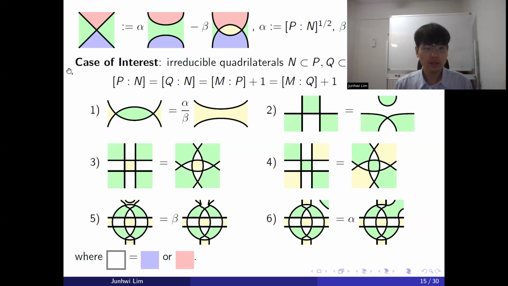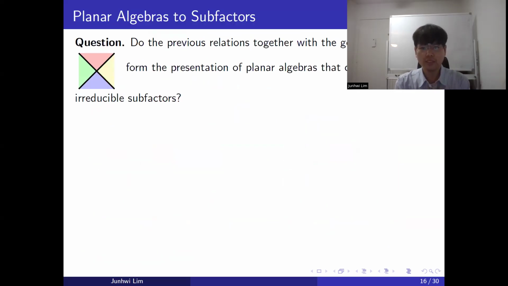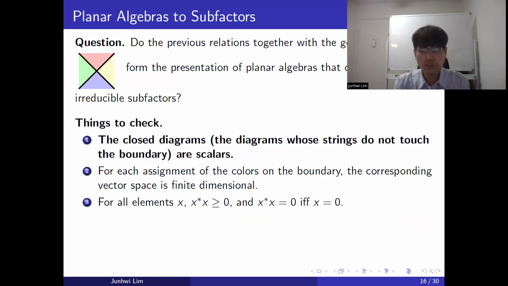Okay, so we have these 6 relations, and a natural question to ask is whether these relations form a complete presentation of the planar algebra. To prove this, there are 3 things to check. First, any closed diagram has to be reduced to a scalar.